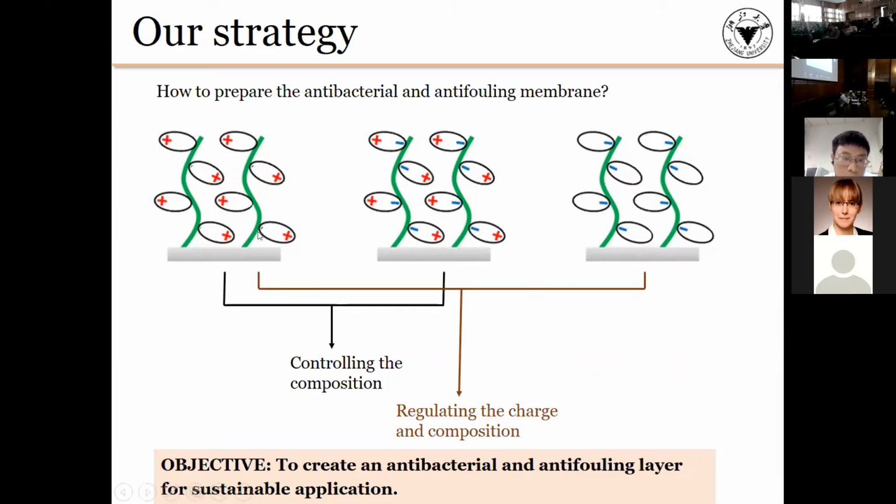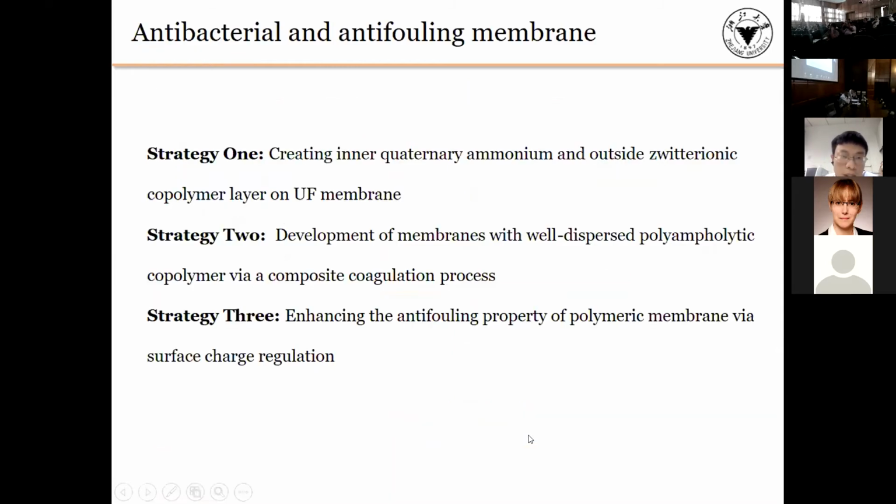Another way is using charged polymers to get a mixed charge polymer, and regulating the charge and the composition to get the antibacterial and antifouling layer. Here I will introduce three strategies we use to make the antibacterial and antifouling membranes.